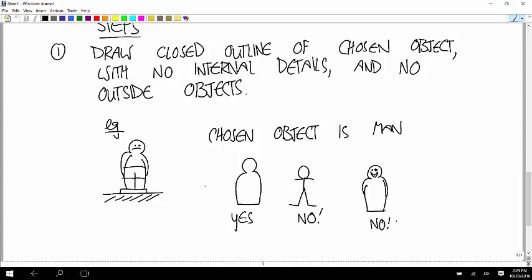So no internal details. And then not that either, because the scale and the ground are outside the boundary. We don't want those in there.